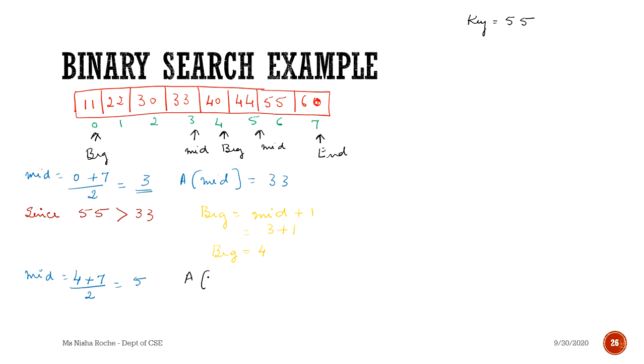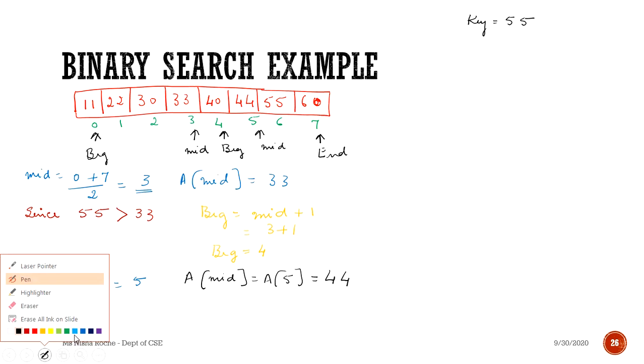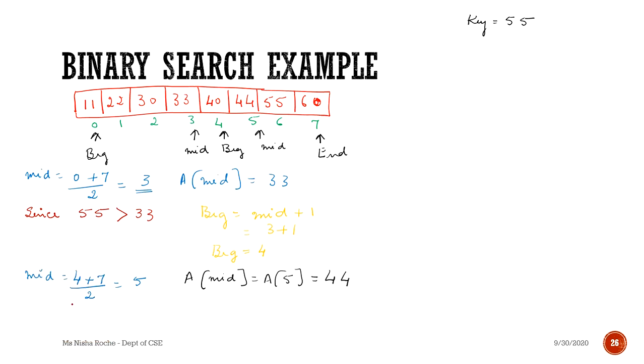So A of mid, which is nothing but A of 5, which is nothing but 44. So now we have to compare. Since the search element 55 is greater than 44, 55 is greater than 44, so we have to again update the beginning value itself, right?